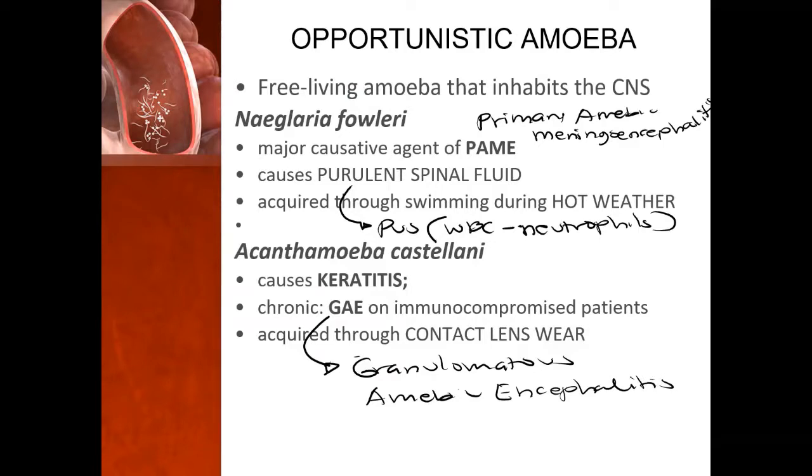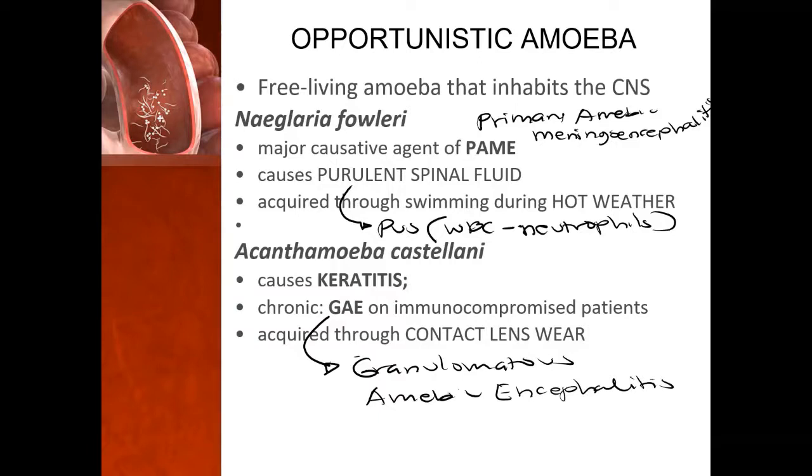The difference from the primary meningoencephalitis: the Naegleria fowleri will damage your meninges, the thin covering of the brain and spinal cord.